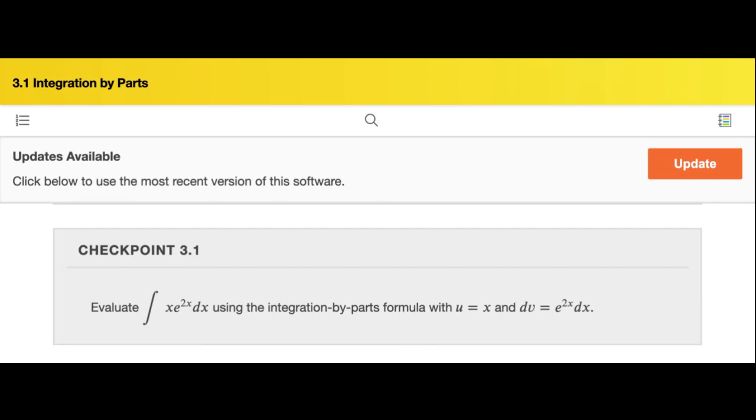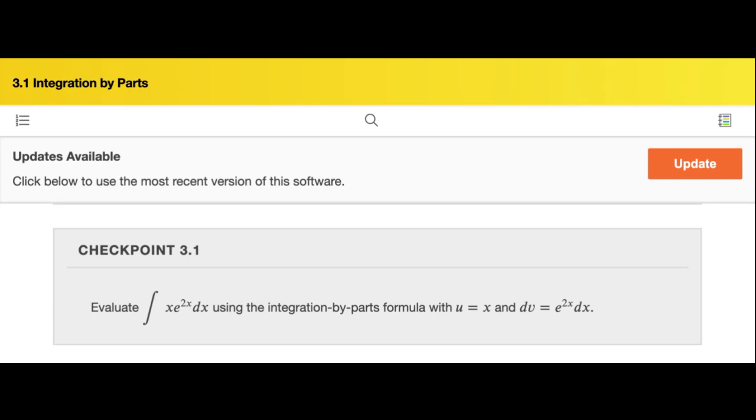All right, what do we get? From u equals x, we figure out du equals dx. From dv, we just integrate, which is anti-differentiate dv, equals the anti-derivative of e to the 2x dx.